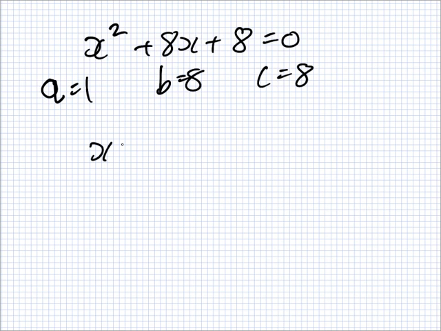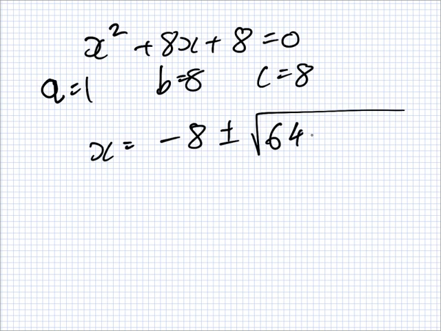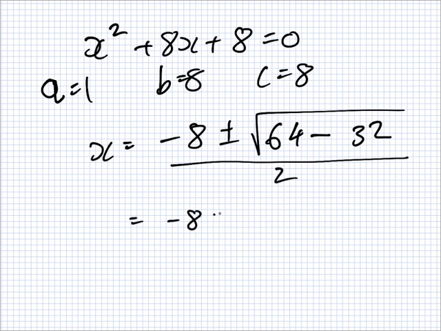So we have x equals minus b plus or minus square root b squared minus 4ac all over 2a. So we get there. So that is minus 8 plus or minus square root 32 over 2.